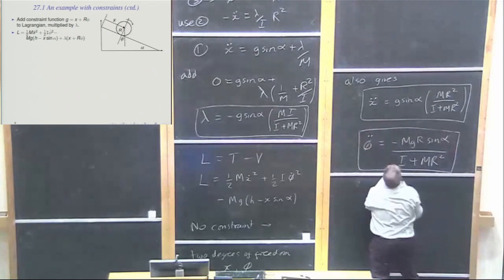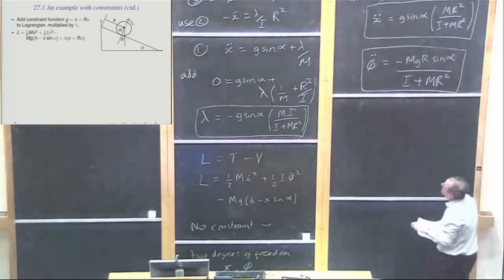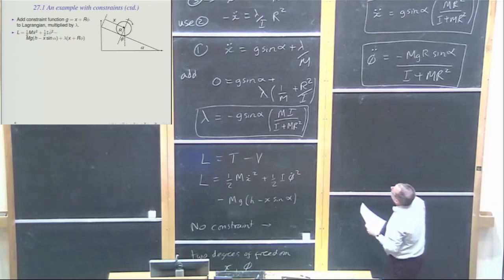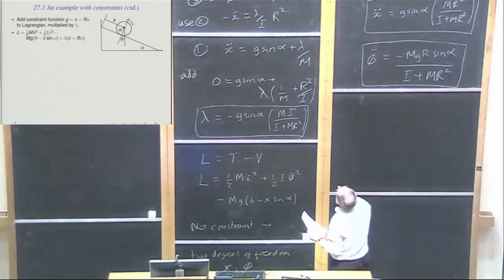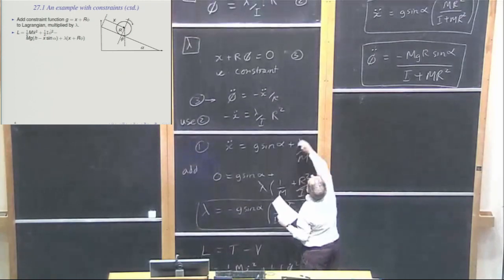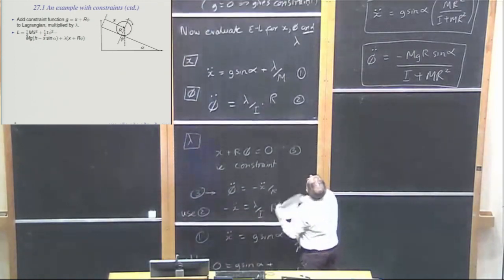Okay, so these are the two equations of motion that we were, I think, interested in. So let's contemplate these for a moment and see what they tell us. And let's compare this with the trivial case which we have here.